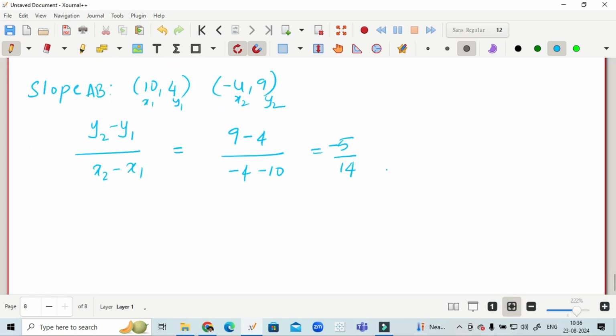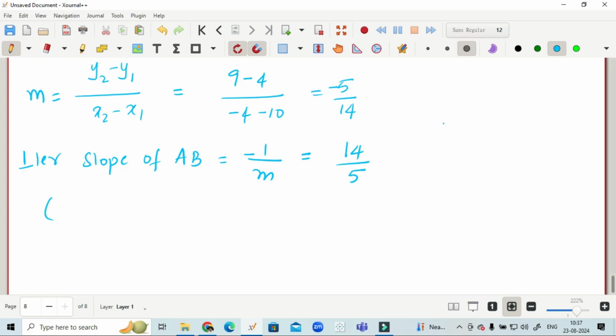So the perpendicular slope of AB, if the slope is m, will be minus 1 by m, which is equal to 14 by 5. So the point is 3, 13 by 2, and the slope m dash is 14 by 5.